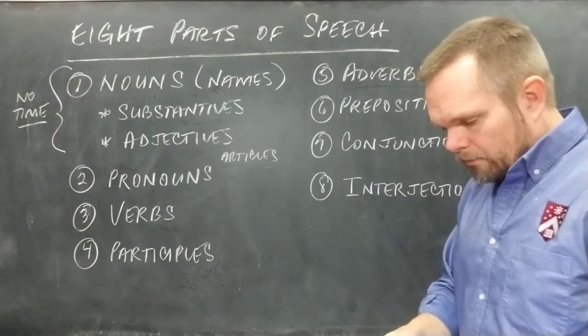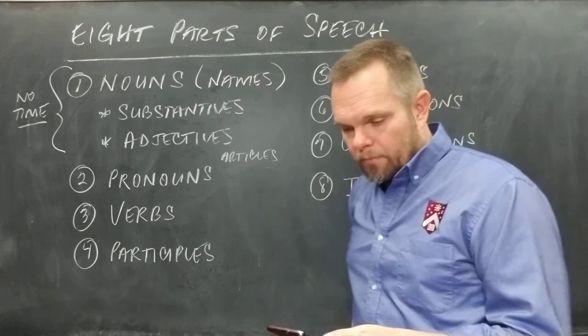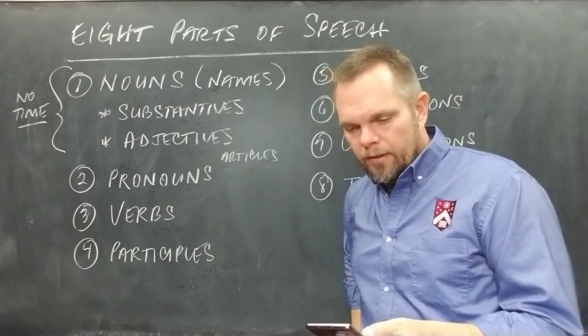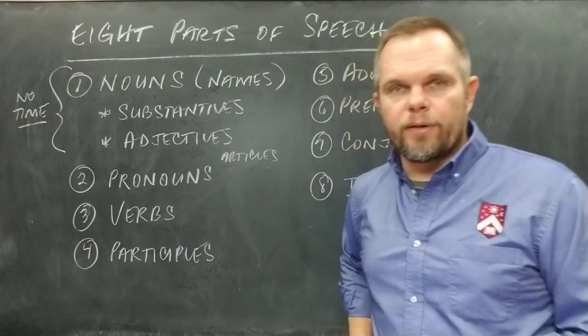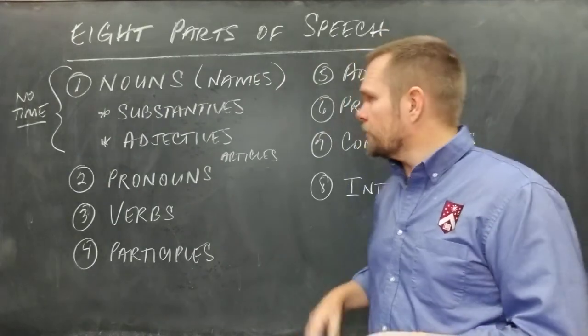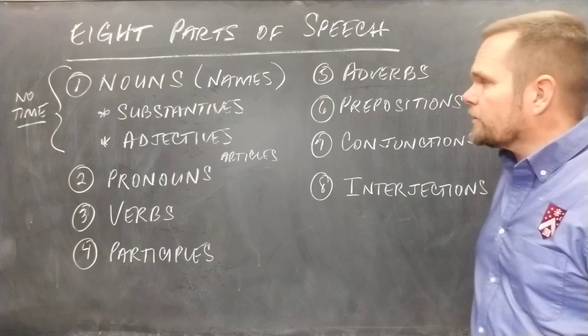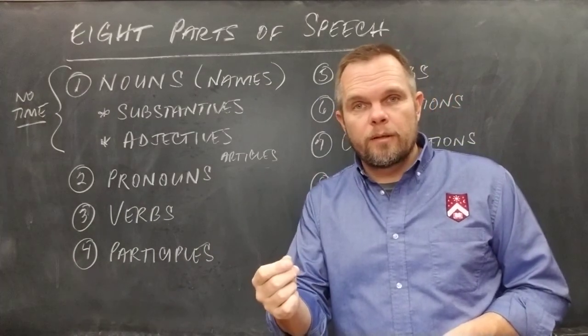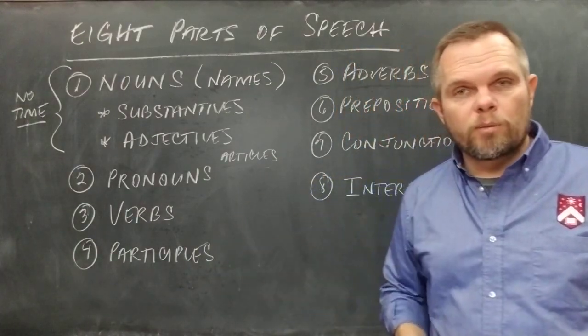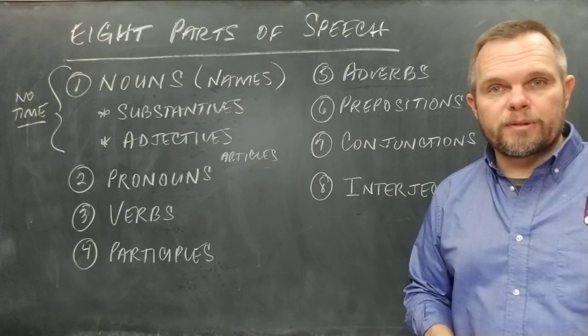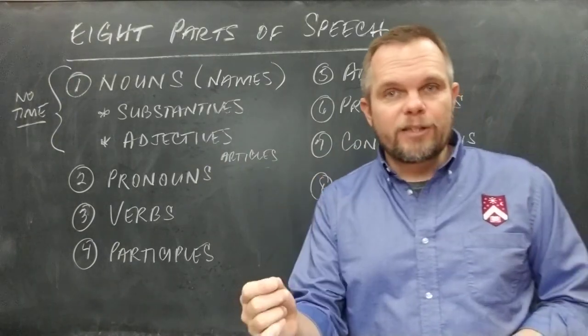Next, point number 14, a word that marks the relation of one thing to another is called a preposition. Preposition, a word that marks a relation between two or more things is a preposition. So remember the word relation, okay?